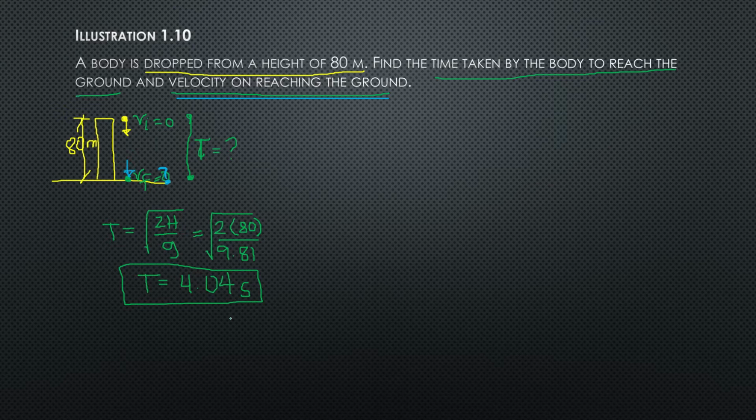So the final velocity will be equal to square root of 2 times acceleration due to gravity and the height. So this will be equal to square root of 2 multiplied by 9.81, then multiplied by the height of 80.